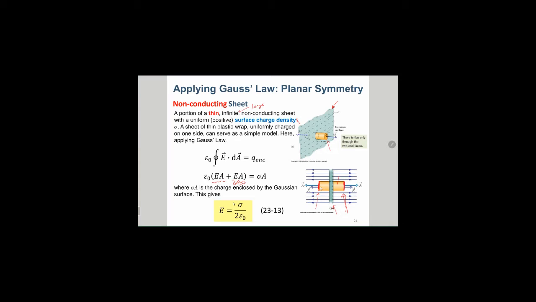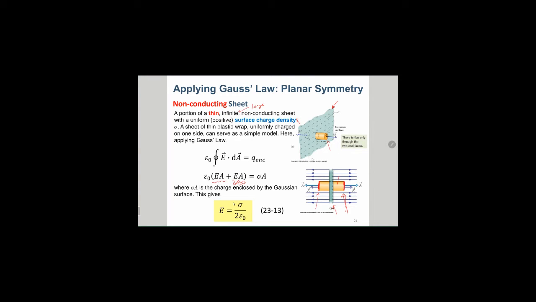Since E is parallel to the area vector, and also E is uniform, this is nothing but E times A. We don't really need to go through the surface integral. We just simplify the surface integral into a simple product. So we have two EA, because we have E on the left side and also E on the right side.